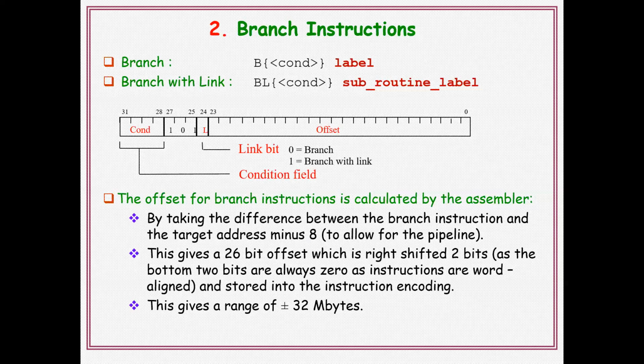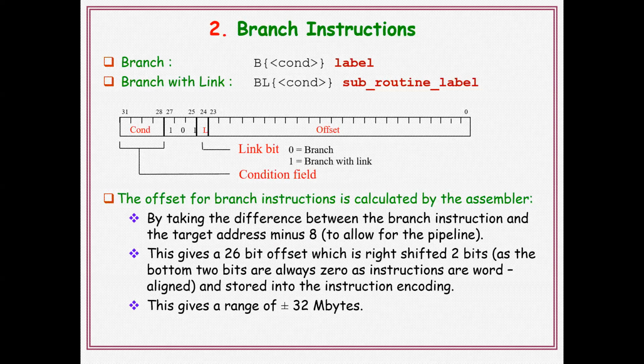This gives a 26-bit offset, which is right shifted 2 bits and stored into the instruction encoding, because we know that each and every instruction is a 4-byte instruction. In those, the first address starts at 0, the second is plus 4, and the third one is again plus 4. So like that 0, 4, 8, C, continuing addresses.